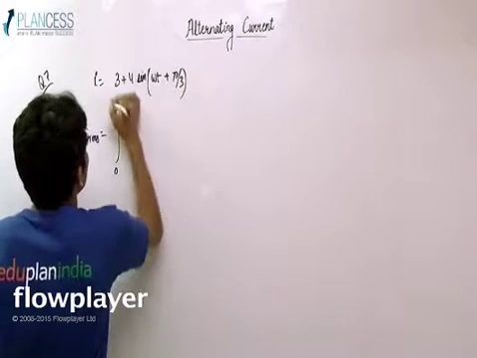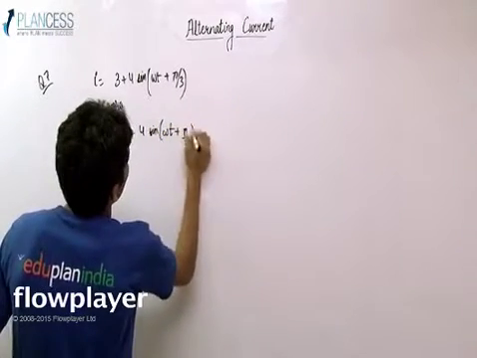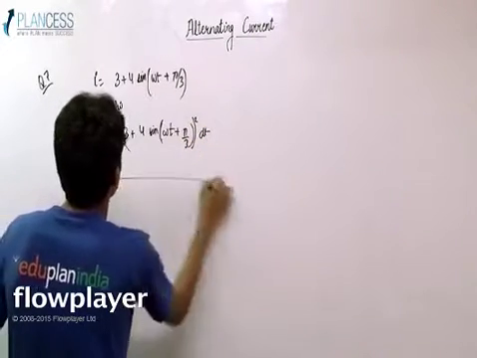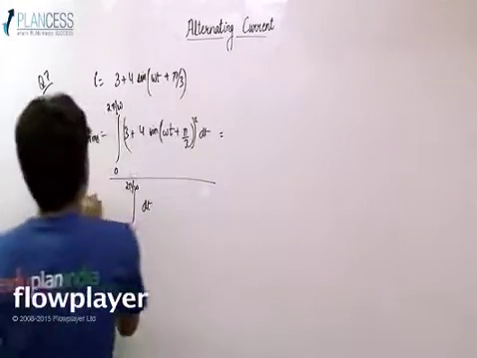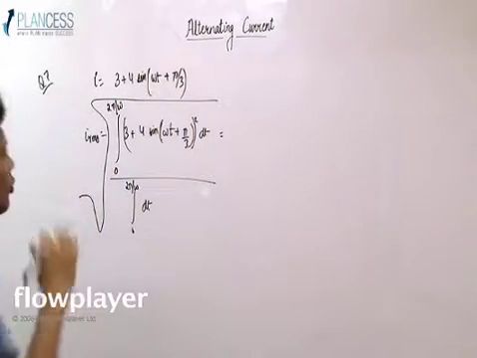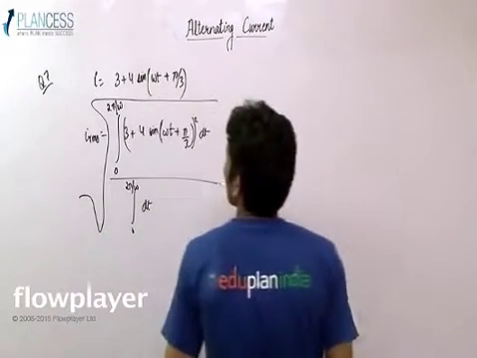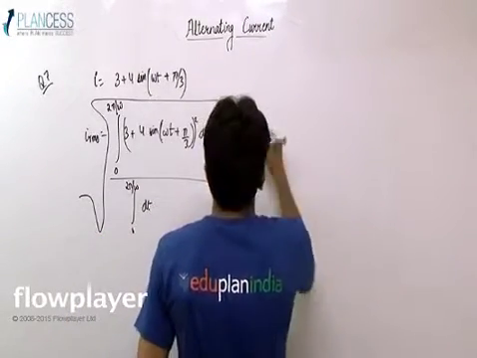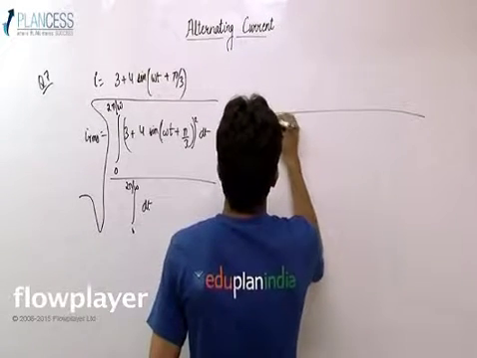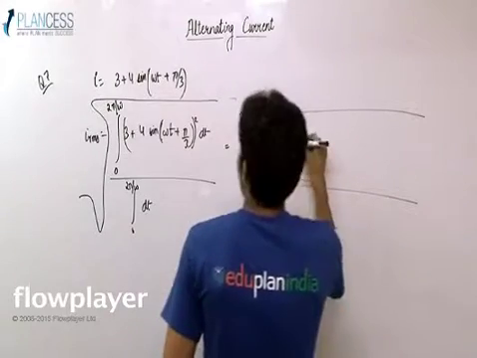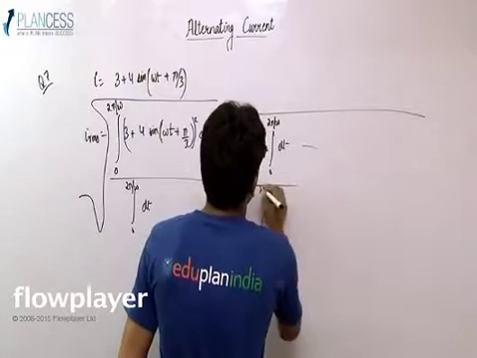IRMS is given by root over the integral from 0 to 2 pi by omega of (3 plus 4 sine omega t plus pi by 3) whole square dt, divided by the integral from 0 to 2 pi by omega of dt. So I can write this as root over 9 times the integral of dt, divided by the integral of dt.